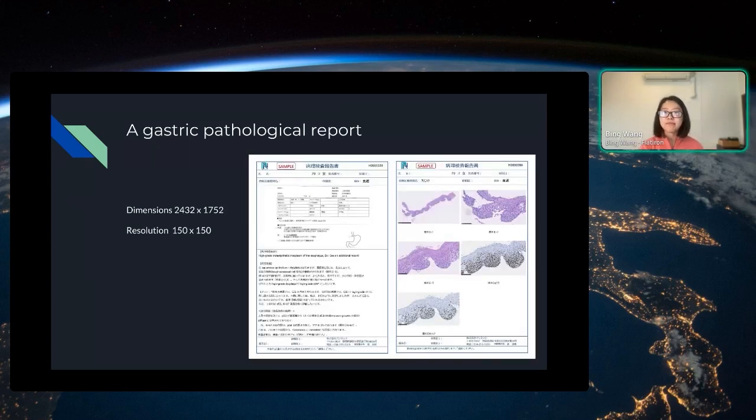The third document I found is a gastric pathological report. This document has an even more complicated layout. It has two panels. On the left panel, there is a form that tells you the kind of test examinations this person received. On the bottom left side is the result. On the right side, they have five images, each with a title.